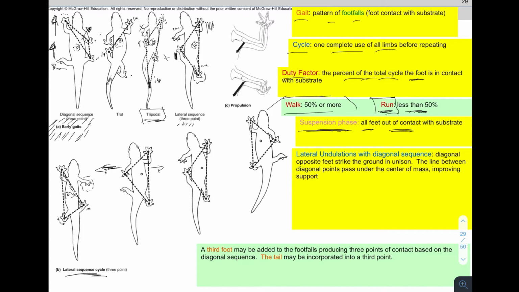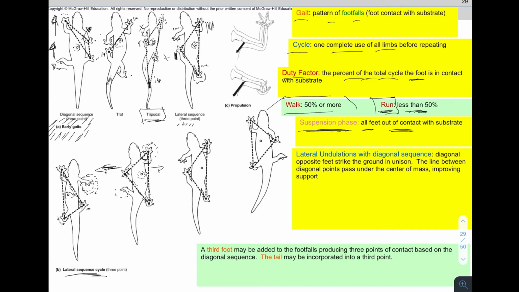The next thing that happens is that this forelimb that was in the air now plants forward and puts weight on the substrate. At the same time, the opposite hind limb lifts. So now you have a new triangle that forms, and that puts the center of mass again still in the center of the triangle.